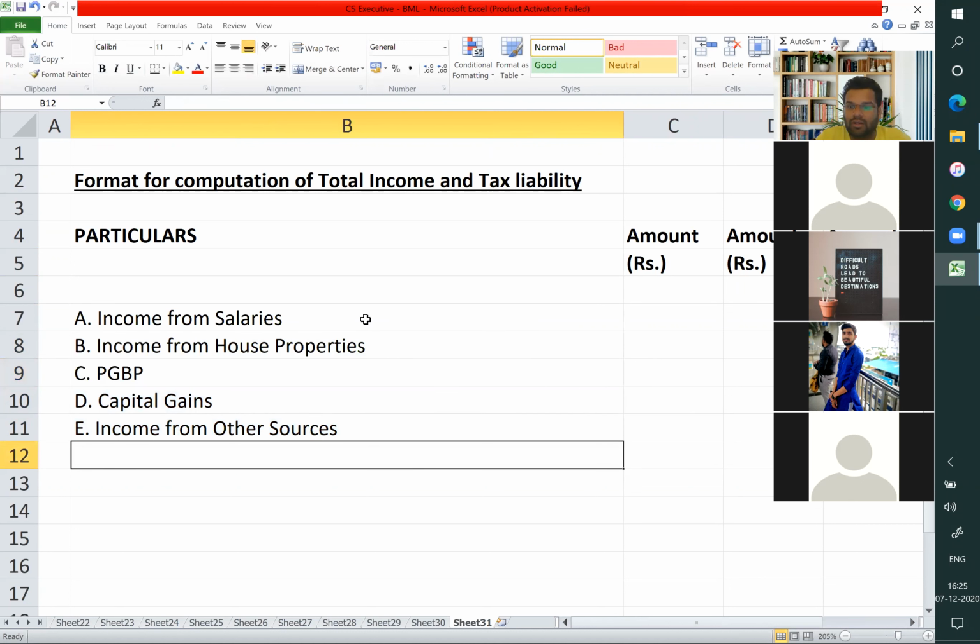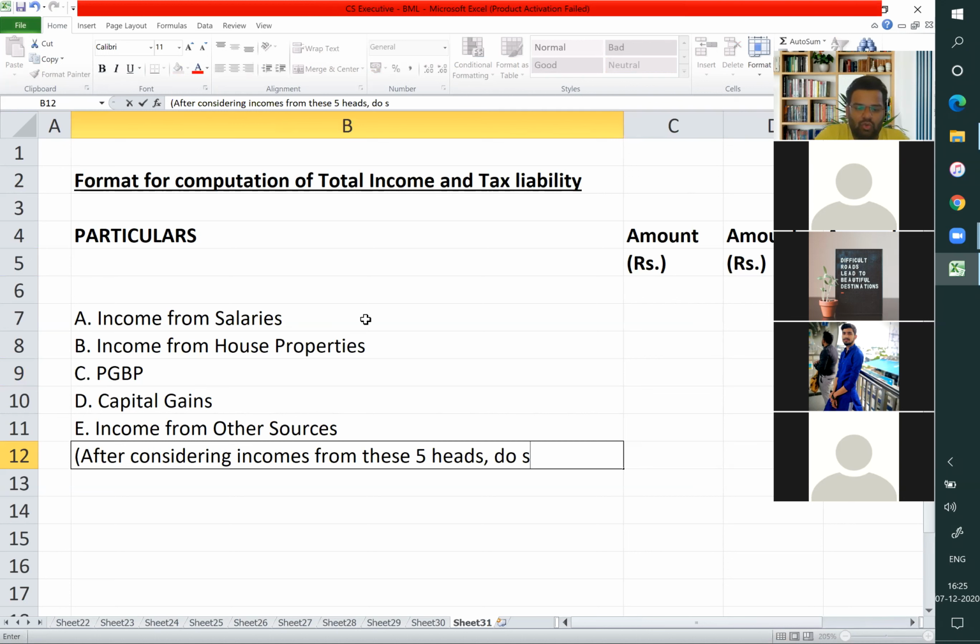When you consider these five heads, after considering incomes from these five heads, do set off and carry forward of losses.